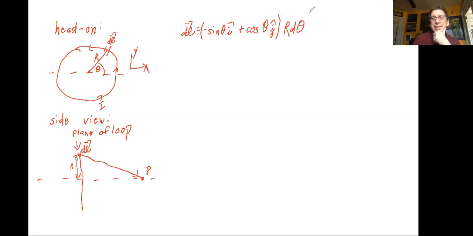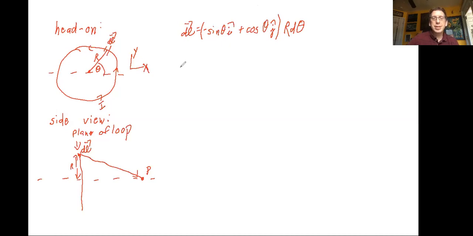That's important to keep in mind when you're doing this. And so now you have a value for dL. These are the XY components of a vector that's pointing in a counterclockwise circle. If you reverse the components, that's a clockwise circular motion. But the magnitude of the vector is just capital R d theta, and then these define the direction.